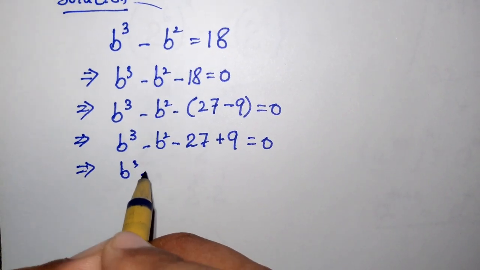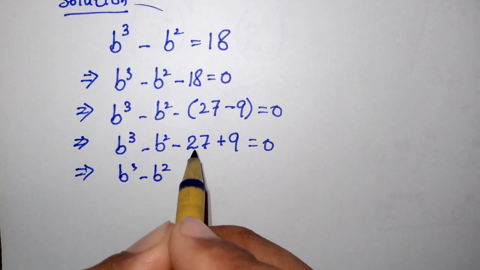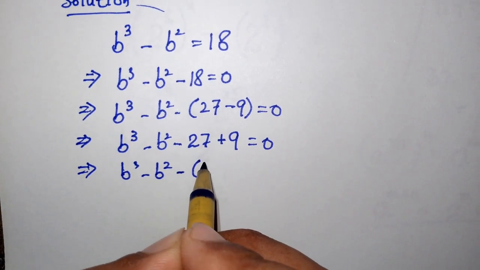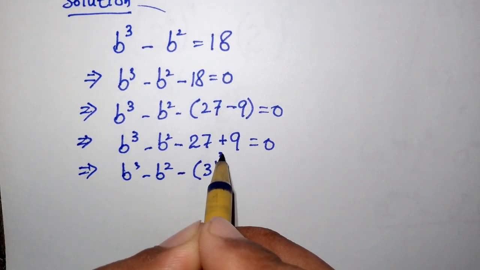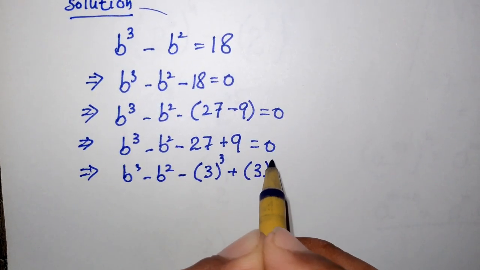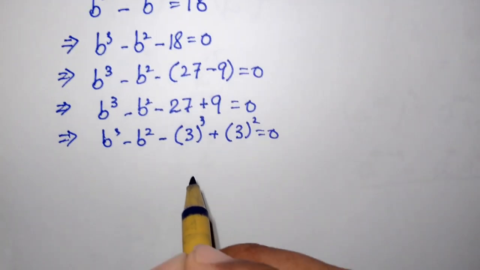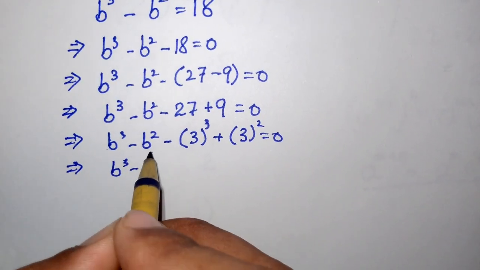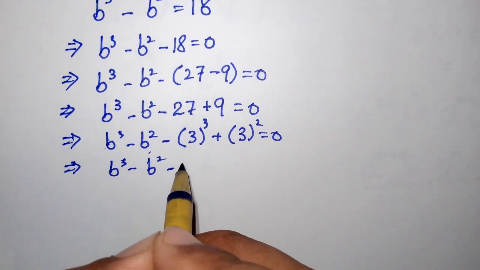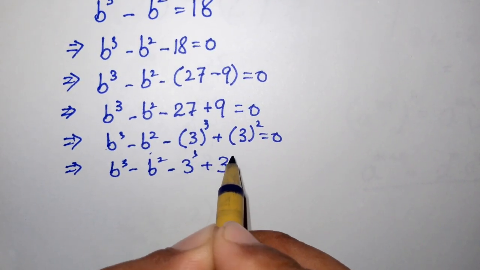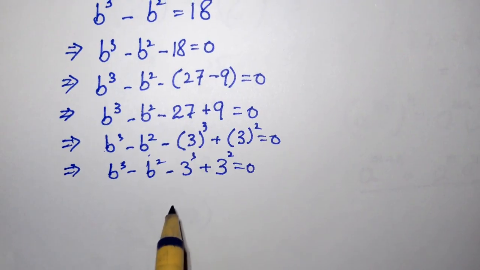B to the power of 3 minus b square minus 27 can be written as minus 3 to the power of 3 plus 9 can be written as 3 to the power of 2 is equal to 0. B to the power of 3 minus b square minus 3 to the power of 3 plus 3 to the power of 2 is equal to 0.